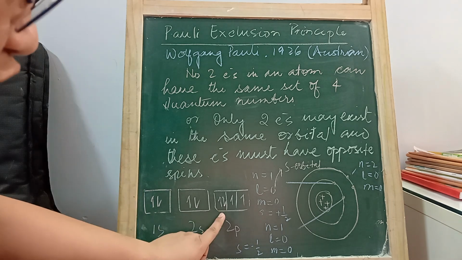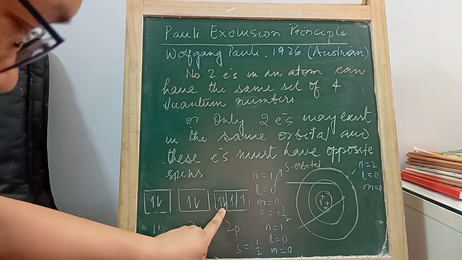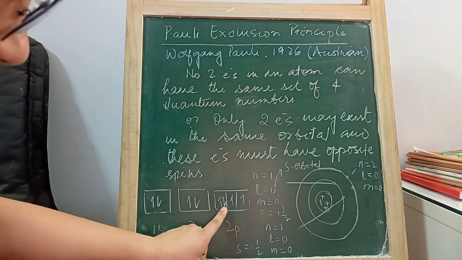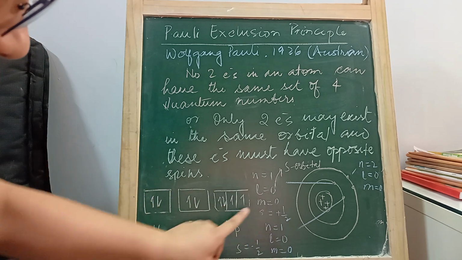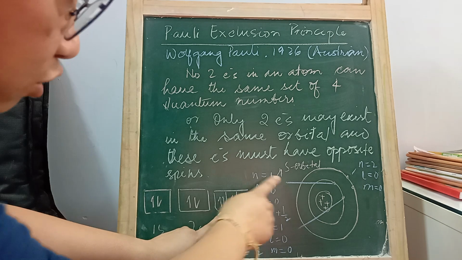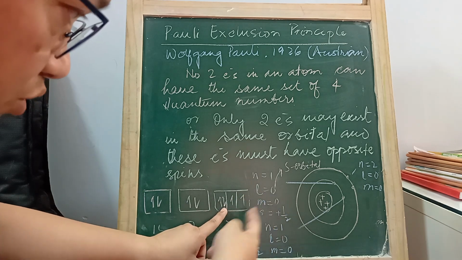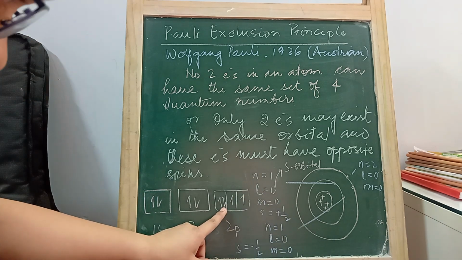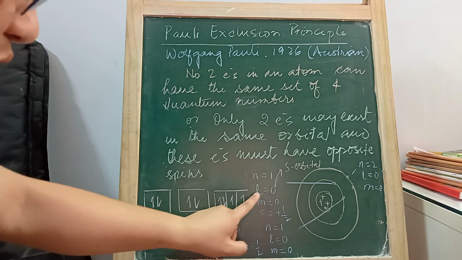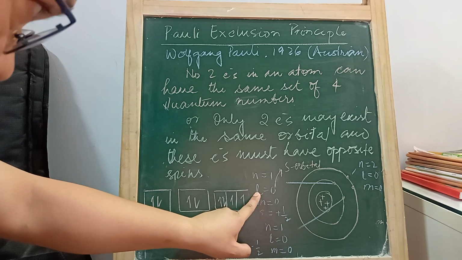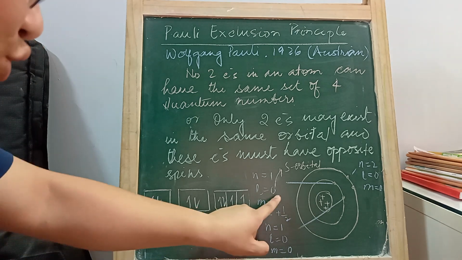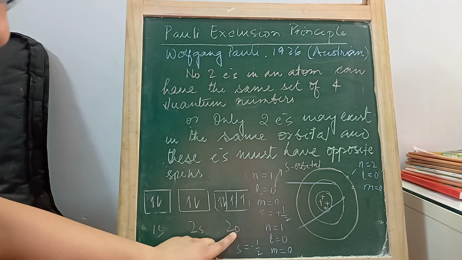But in each orbital, these two electrons have the same three quantum numbers. It will not be l equal to 0; it is l equal to 1 for this. p means l equal to 1, right?